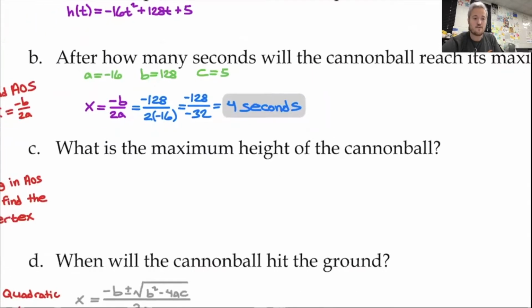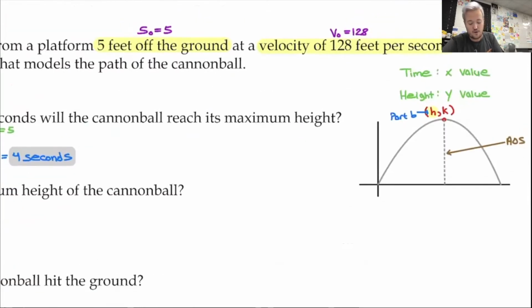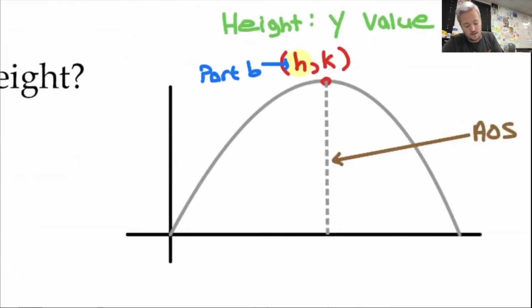All right, now for the next part, we want to find what is the maximum height. Now remember, this is asking for a specific height, so we're looking for a y value. Now, if I actually want to know what that specific height is, well, that's looking at the k value of the vertex. So now I actually want to plug in the x value of the vertex to my equation to find out what the y value of the vertex is.